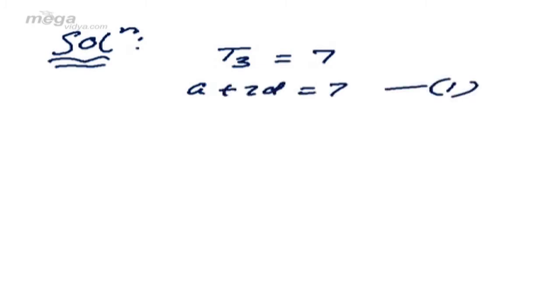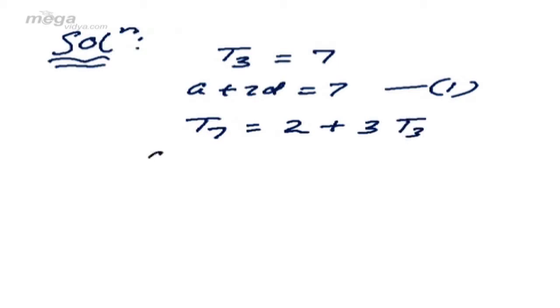In the question, it is given that the third term is 7. It means T3 is equal to 7. It means T3 is A plus 2D is equal to 7, equation number 1. And the seventh term is 2 more than thrice its third term.